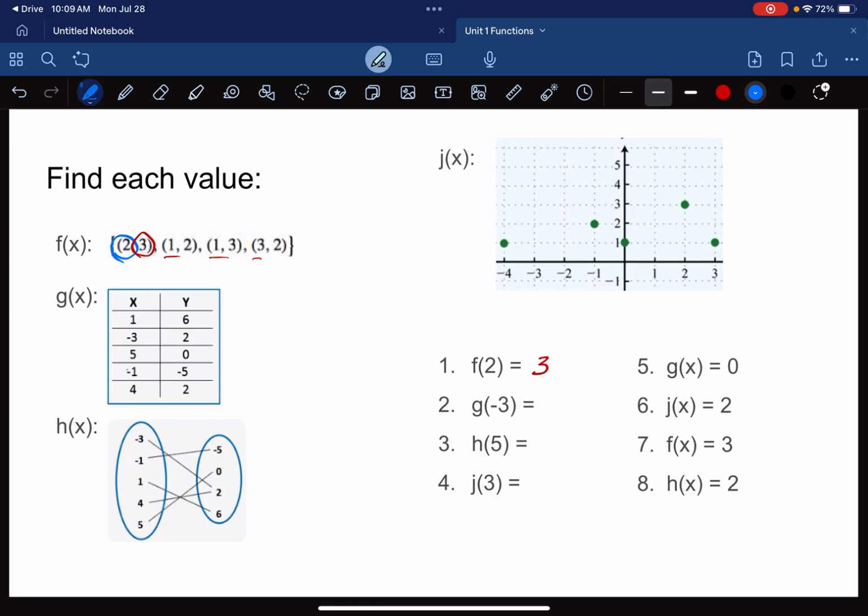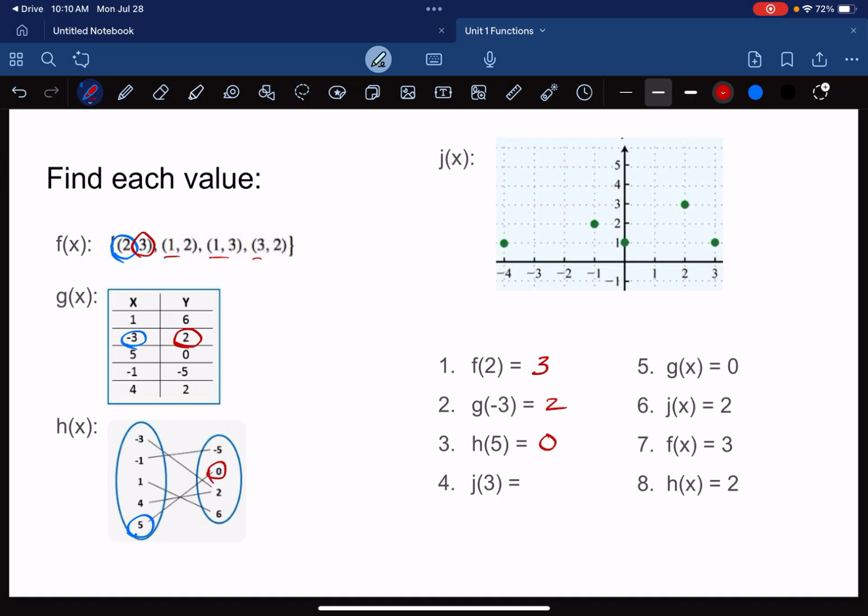I'm looking at this table now, and I'm finding the input of negative 3, and it doesn't have any other negative 3 in the inputs, and its partner y value is 2. H of 5. Well, 5 is the input value, and I'm looking for the output value that corresponds to it on this mapping. Well, it's the 0.